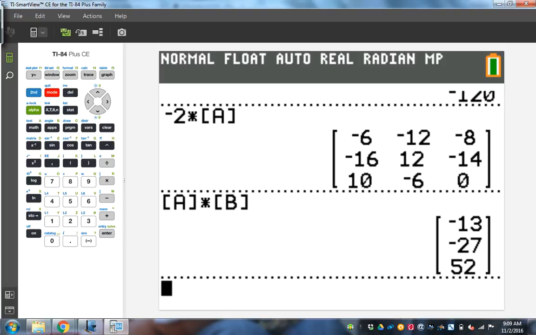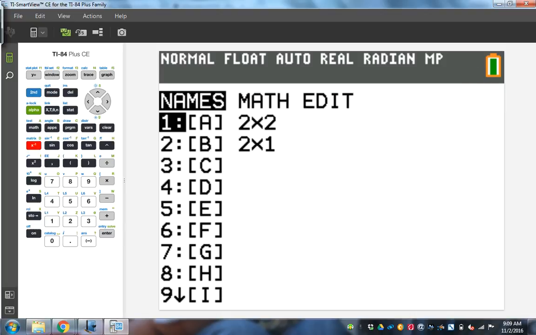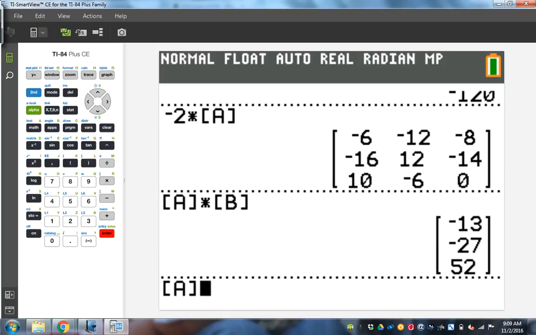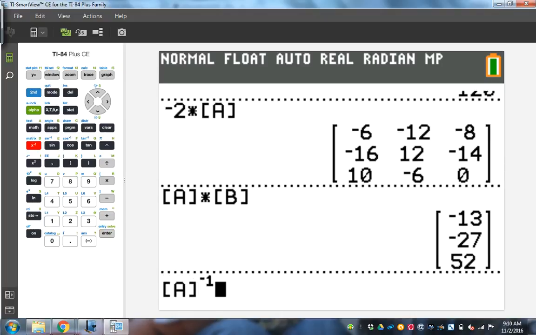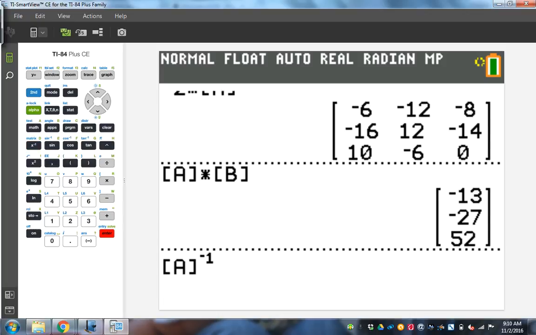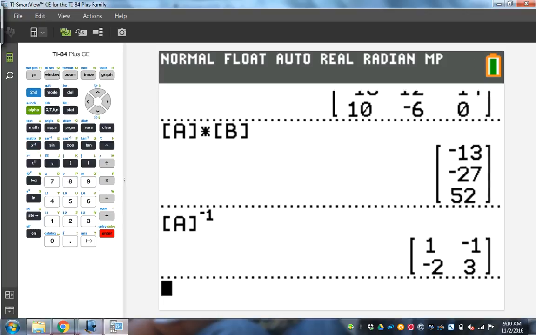And then you're going to go to the matrix menu and grab that matrix name. So you'd put it in A. And then there's an inverse button on your calculator. It's really nice there. Right here, the same button you hit second normally to go to matrix. You're just going to hit the X inverse button. Should get a little -1 exponent happening. Then hit enter. And it'll crank out an inverse matrix. That inverts that matrix.